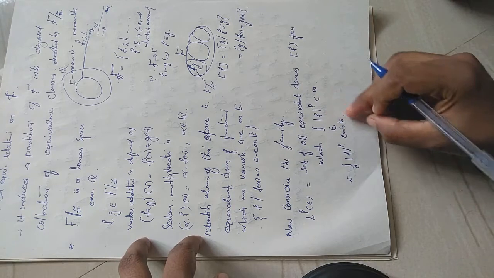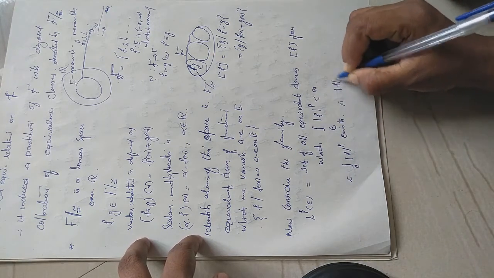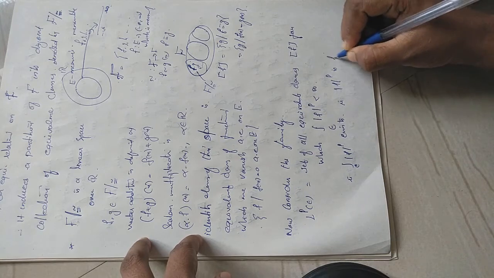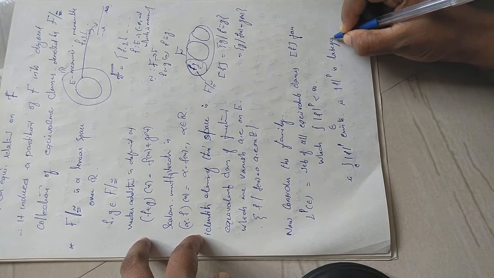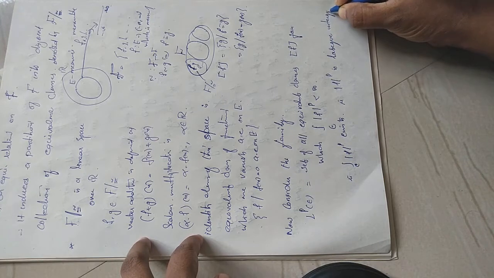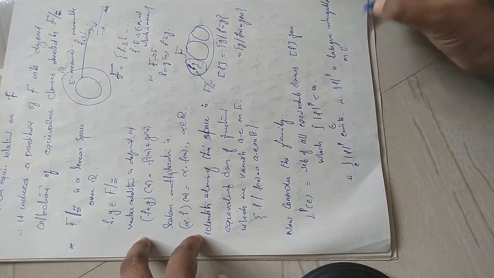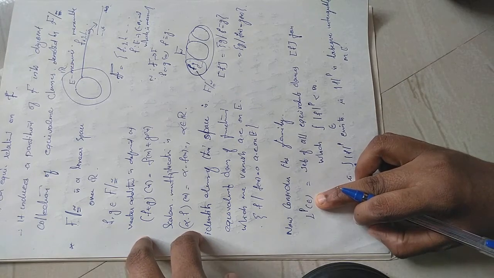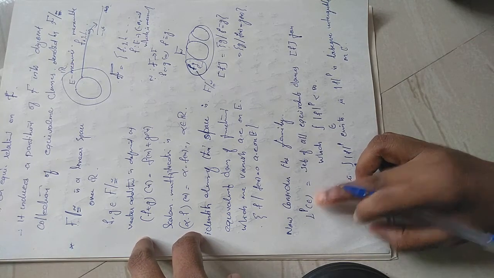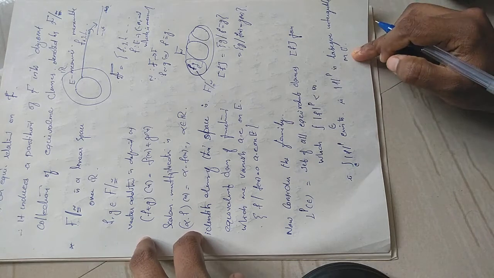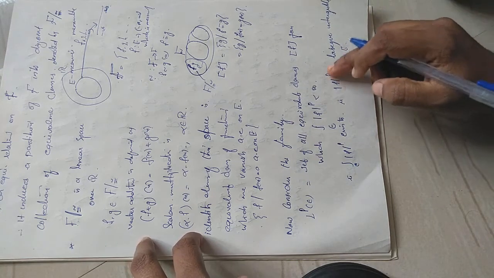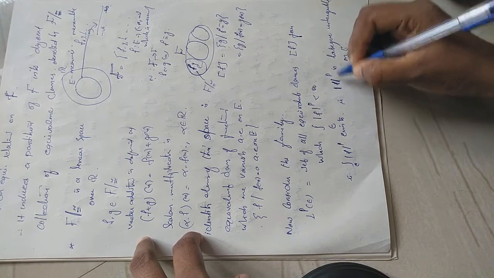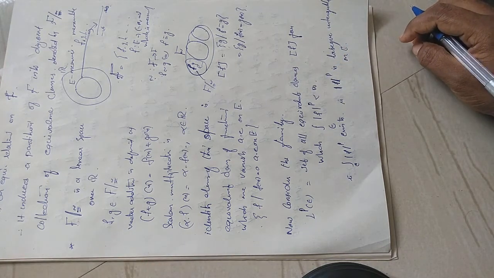That means it is integrable, that is, mod f raised to p is Lebesgue integrable on E. So you consider capital L^p of E as the set of all functions which are p-integrable on E. P-integrable means its pth power is integrable. Okay, p-integrable functions on E.